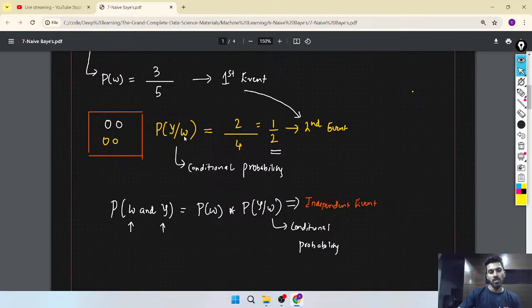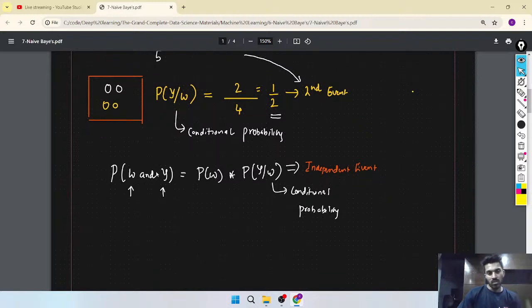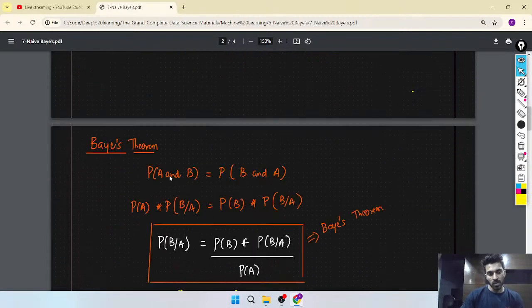The formula is: probability of A given B is equal to probability of A into probability of B given A, divided by probability of B. If you see this formula, probability of y given W, you can get probability of y into probability of W given y, divided by probability of W. But you can't see probability of y. Why? I will let you know why this is not coming. This is the formula.